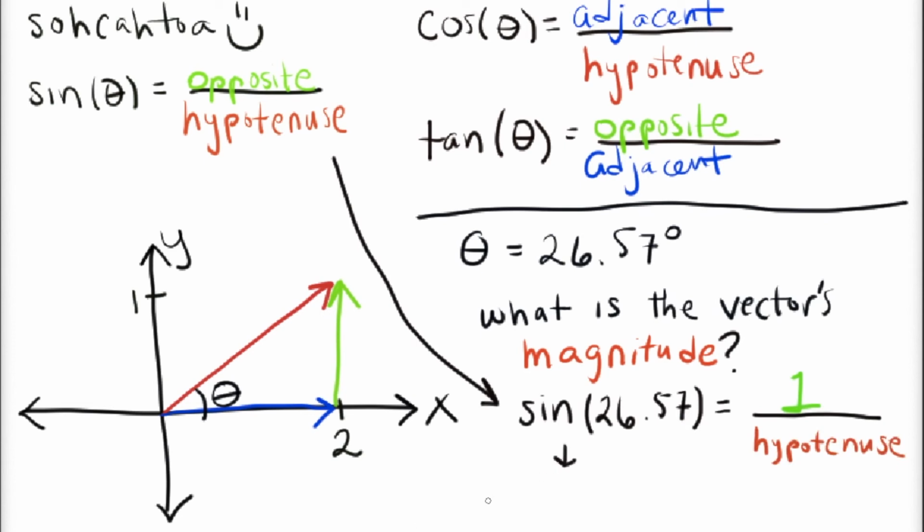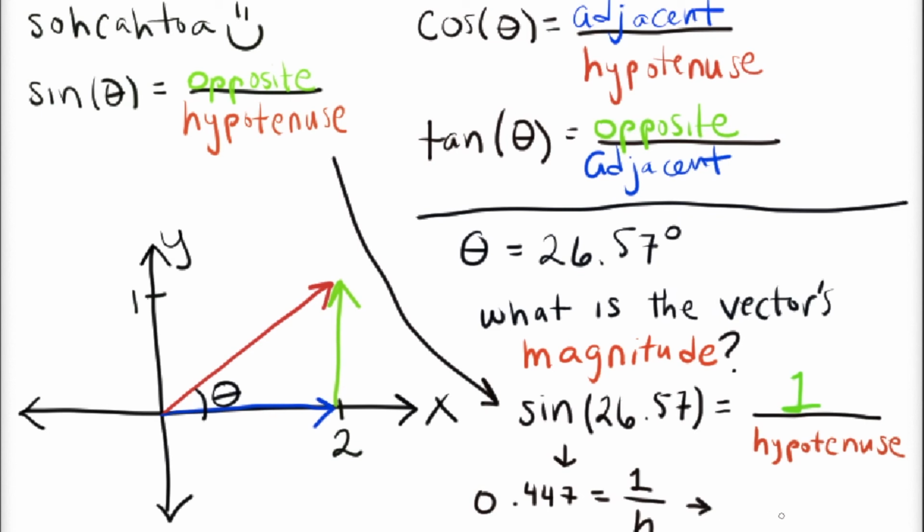Sine of 26.57 is something that you can just put into your calculator, and that is going to be equal to 0.447, and I'm rounding here, but 0.447 equals 1 divided by the hypotenuse, which I have abbreviated to be h because I'm running out of room.